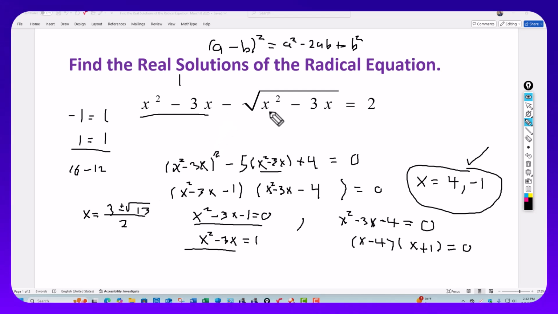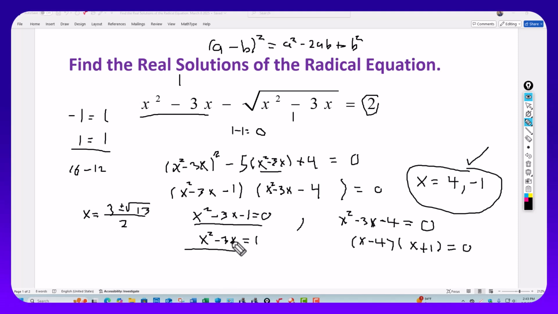Then it's minus the square root of x squared minus 3x, which is the square root of 1, which is 1. So this actually comes out to 1 minus 1. That doesn't equal 2. That equals 0. So instead of plugging these in and doing all the algebra and showing that the result is not going to come out to 2, you can just do this.